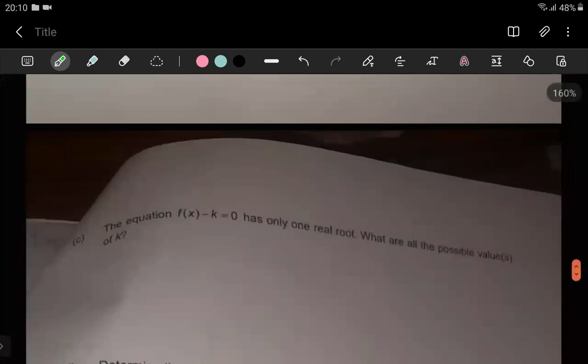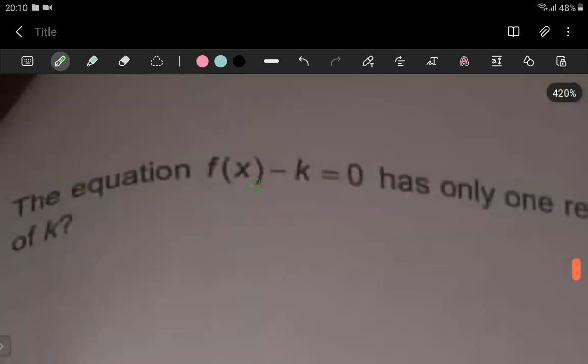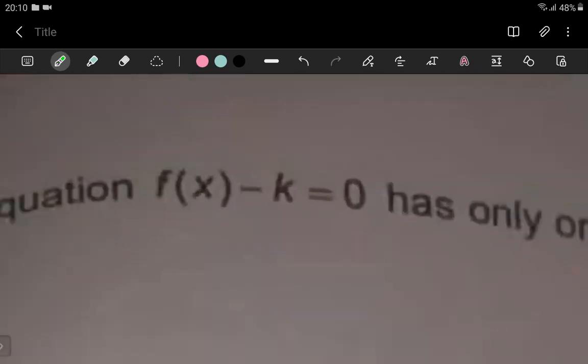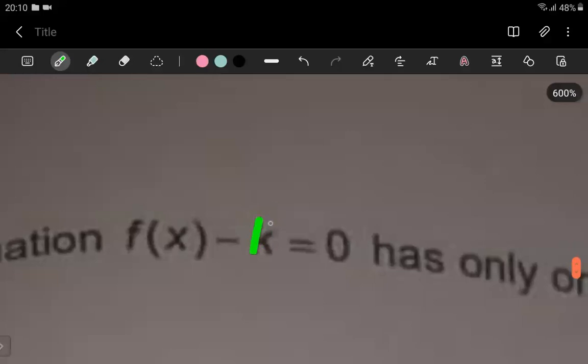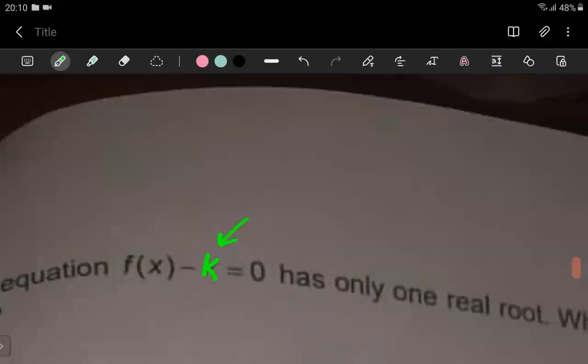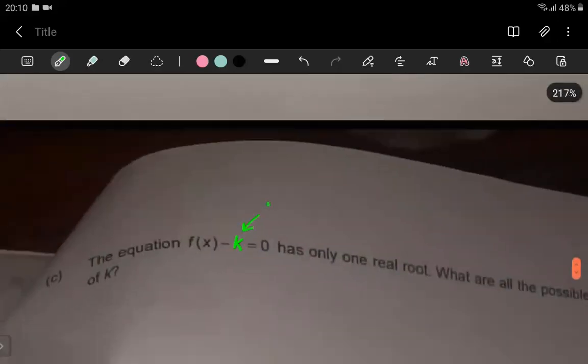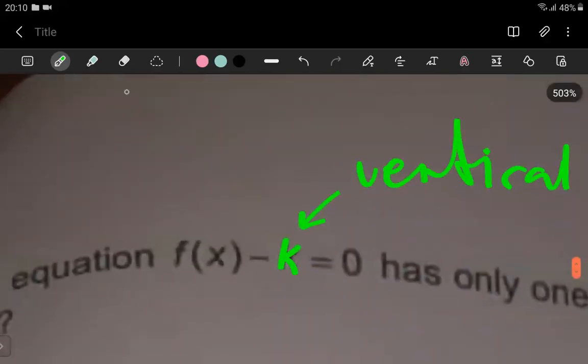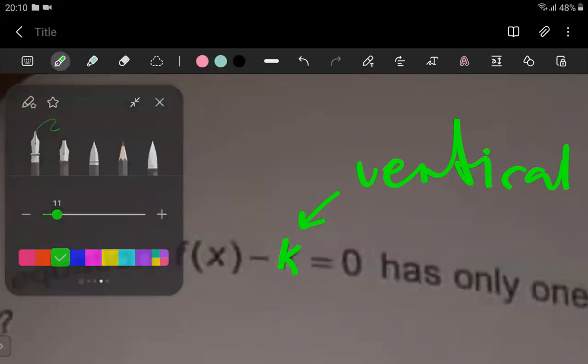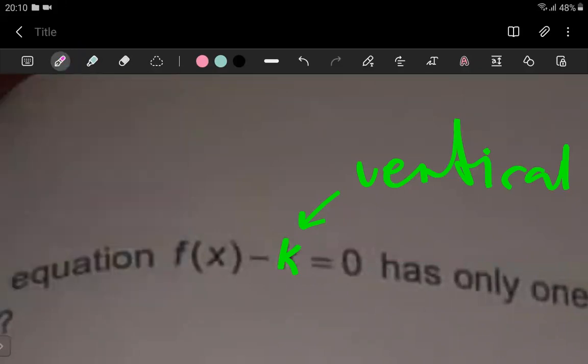In this situation, f of x is our cubic function, and our value of k is basically just going to be moving the graph up or down. This is going to be a vertical shift. What you want to recognize, though, is that because there's a minus symbol in front of the k, it makes things a bit interesting.